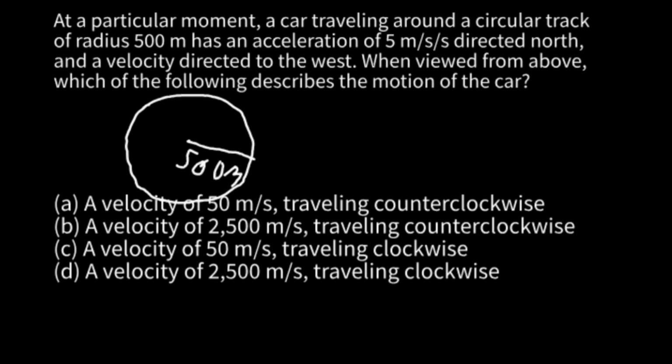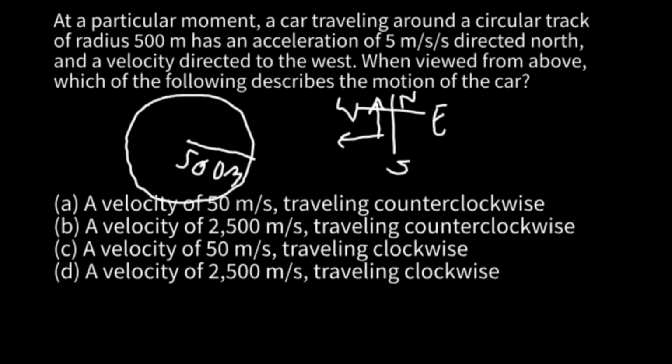At a particular moment, we have a velocity directed to the west, so its velocity is directed this way, and an acceleration to the north. We want to know, when viewed from above, in which direction is the car going to be moving and how fast is it going.